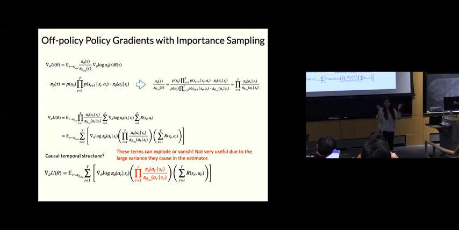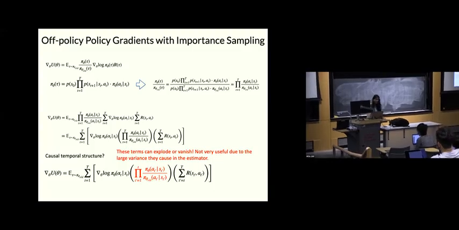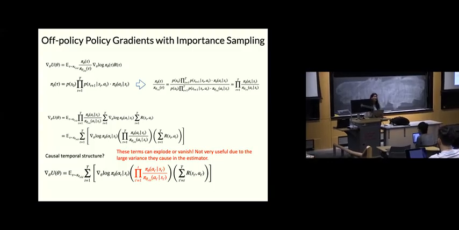So this term can either explode or vanish depending on where these tiny probabilities show up in the denominator. Despite the fact that this is precise and super accurate, and we haven't done any approximation, if you use this formula, you can use earlier trajectories to form your policy gradients. That's what we achieved.